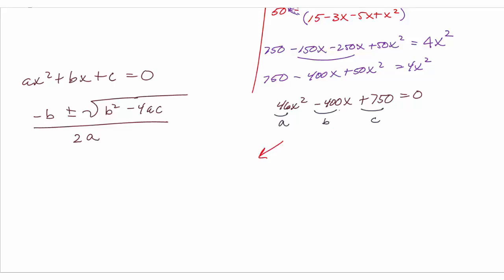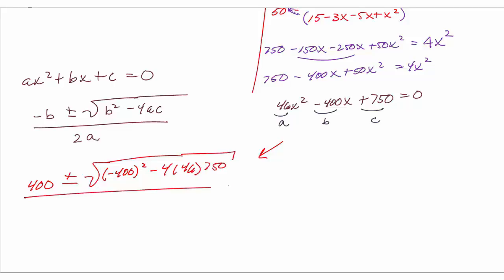Negative B: B is a negative 400, negative is a positive, so I'll have 400 plus or minus the square root of negative 400 squared minus 4 times 46 times C, 750, divided by 2 times 46.